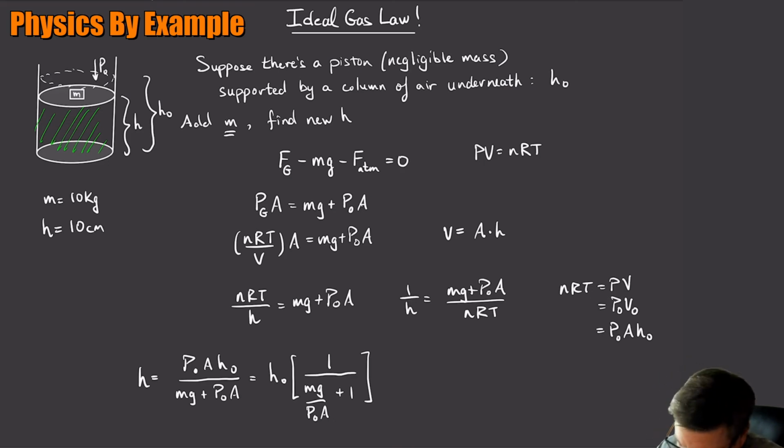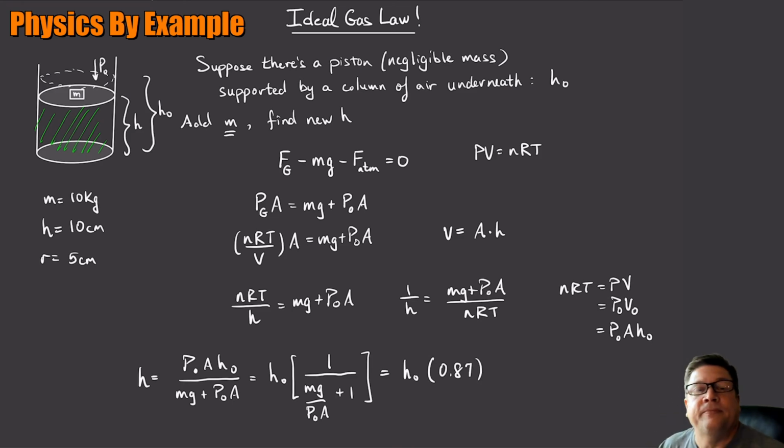Okay, so over here I've put in m is 10 kilograms, h naught is 10 centimeters. Let's say that the radius of this thing is, I don't know, 5 centimeters, something like that, right? So the A would just be pi r squared. When you put these numbers in, what you're going to get is h naught times about 0.87. So what that means is that this thing is going to squash down like 13%, something like that.